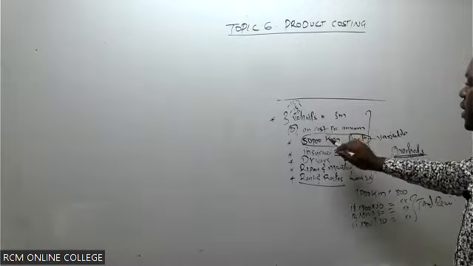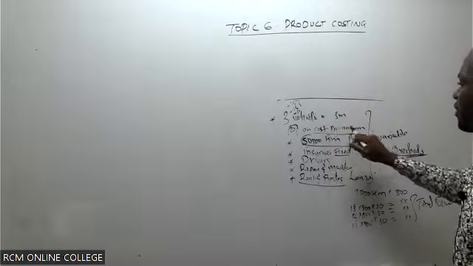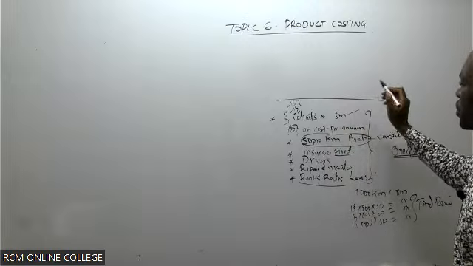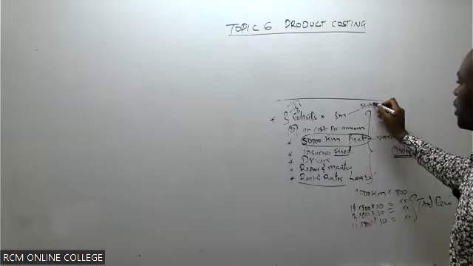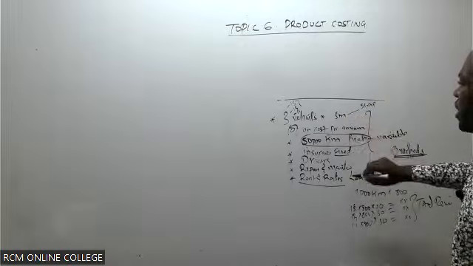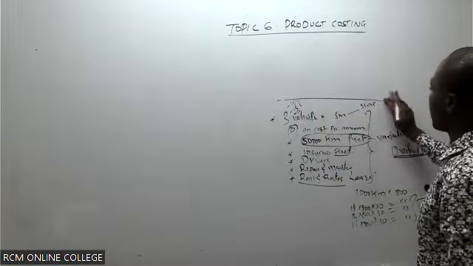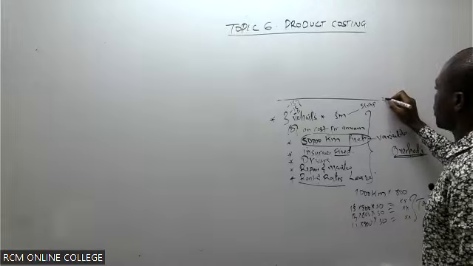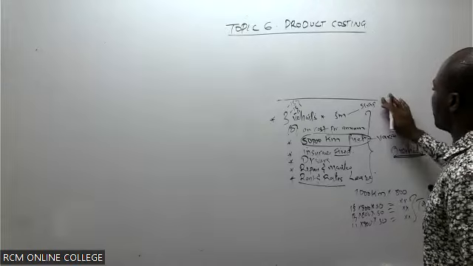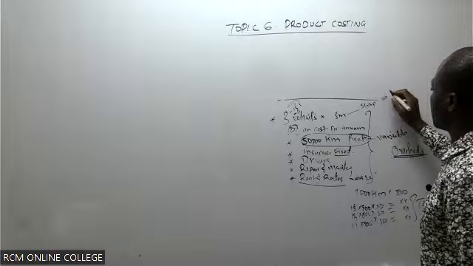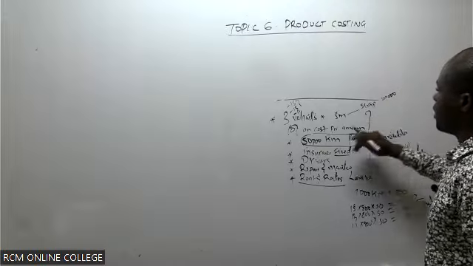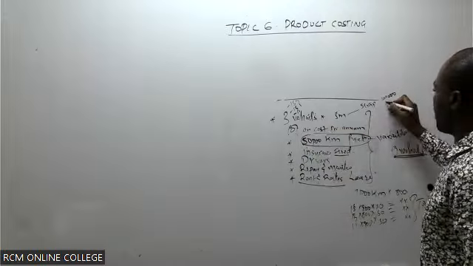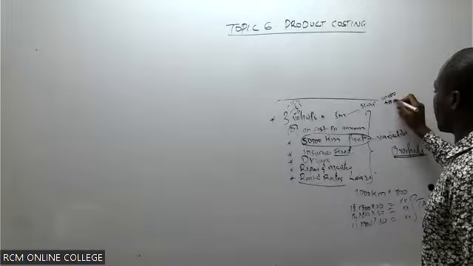At the end of the useful life of these vehicles, they can be disposed of at a scrap value. The scrap value of the 15-seater may be, let's say, 500,000. Then the 13-seater can be even 400,000, something of that kind.